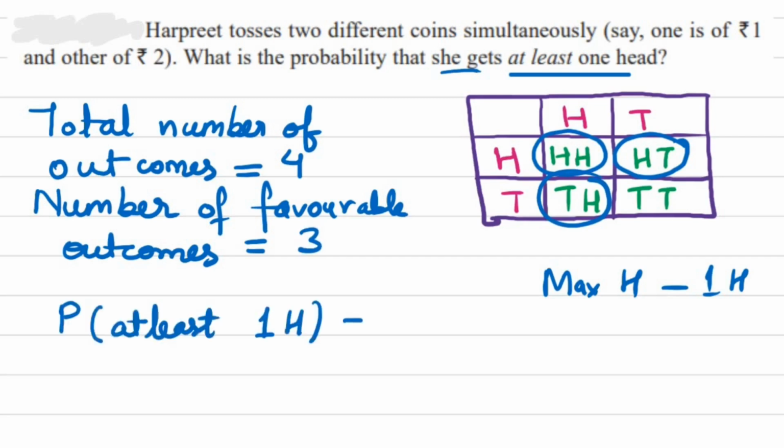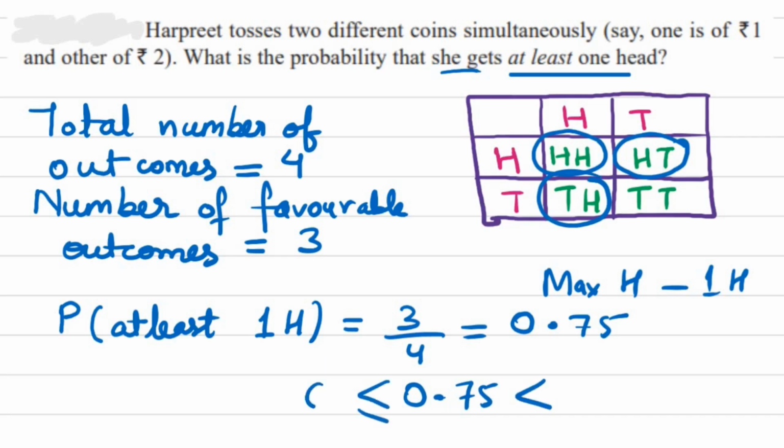The probability of at least 1 head is 3 out of 4 choices, which is 0.75, and this probability of happening of an event lies between 0 and 1, that is between impossible and sure.